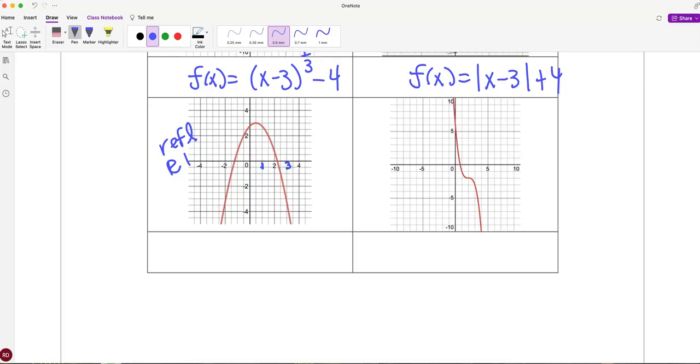So this one moved right 1/2 and up 3. So this is f of x equals negative x minus 1/2 squared plus 3.